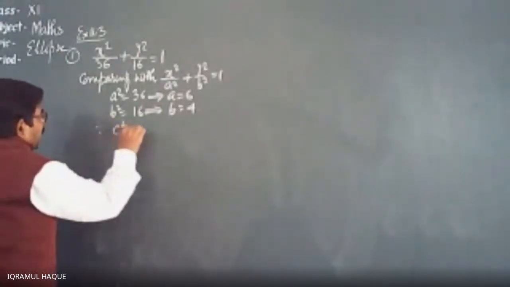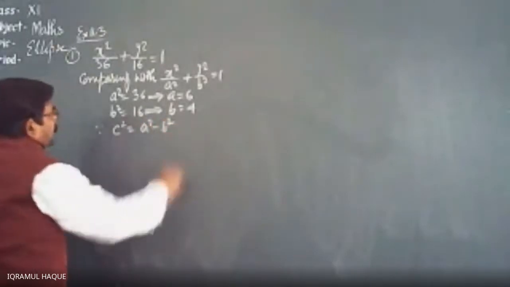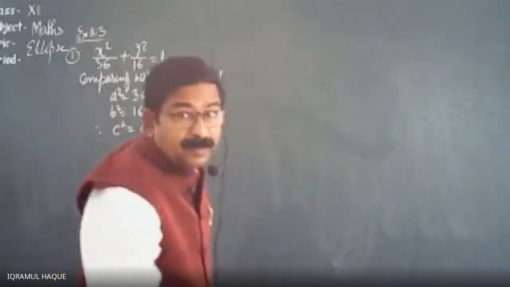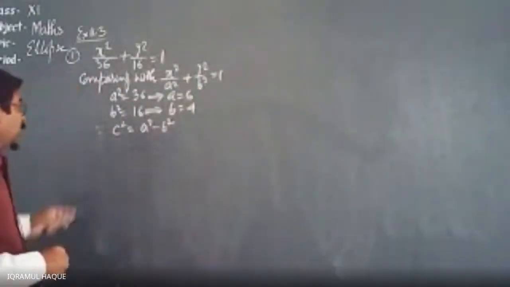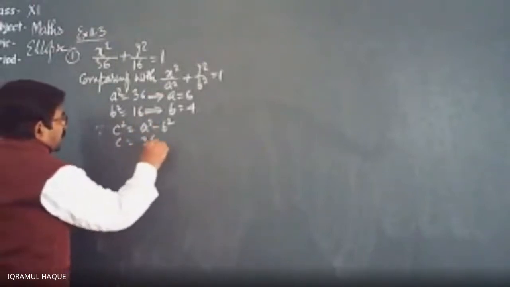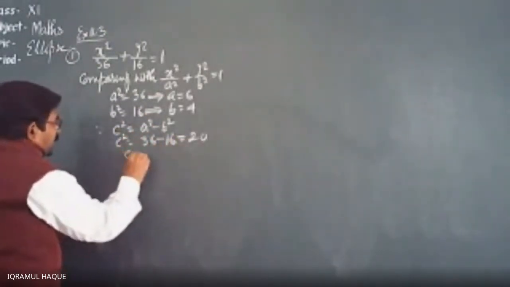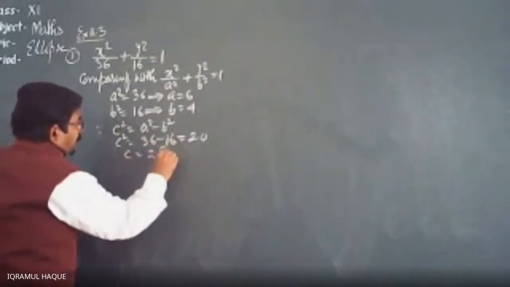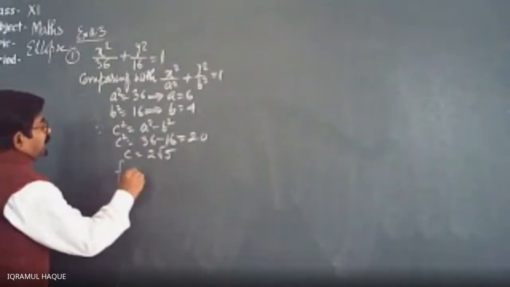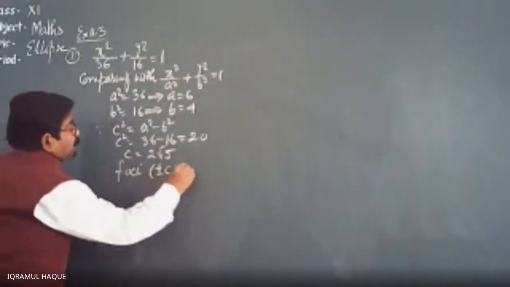So c square is equal to a square minus b square, which is 36 minus 16, equal to 20. So c is equal to 2 root 5.